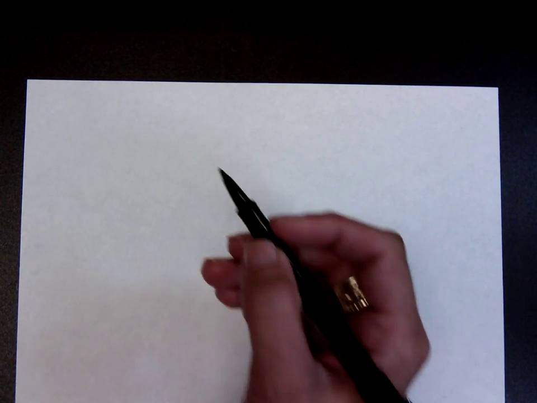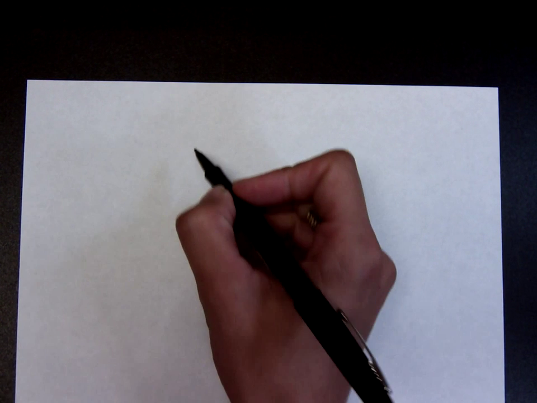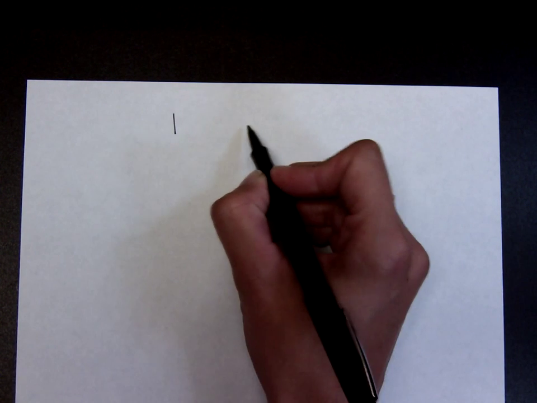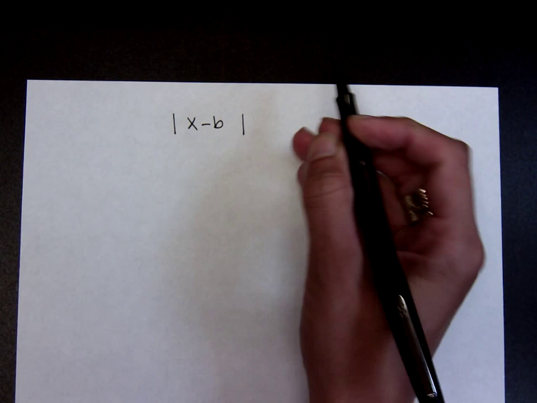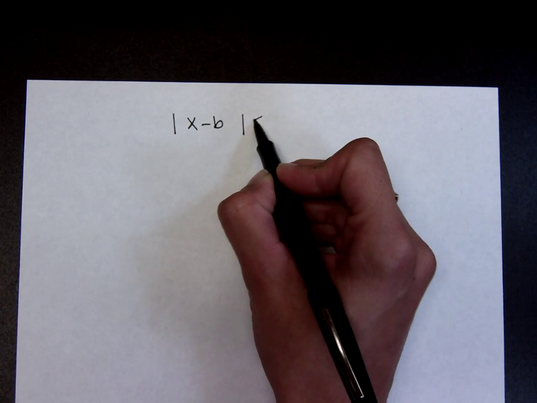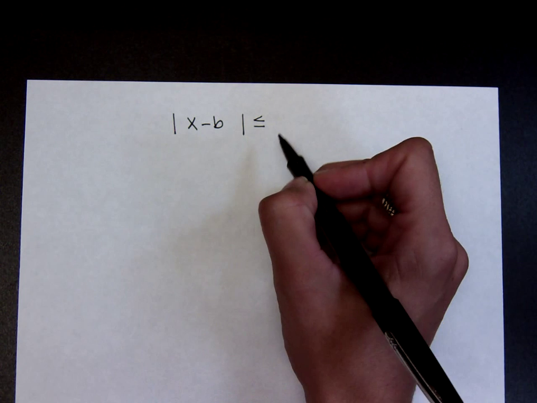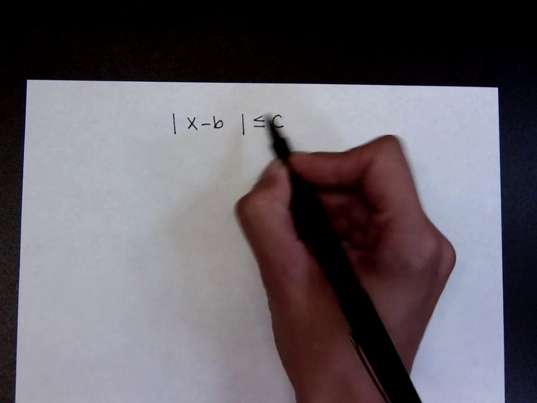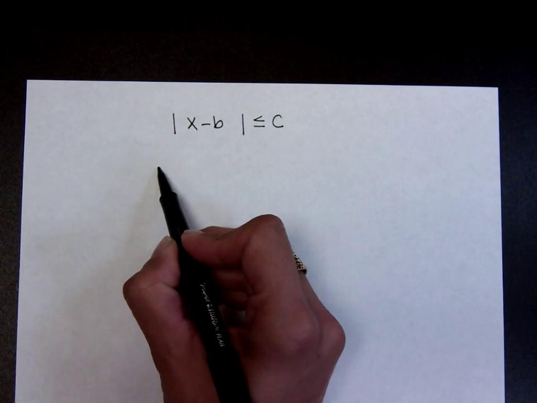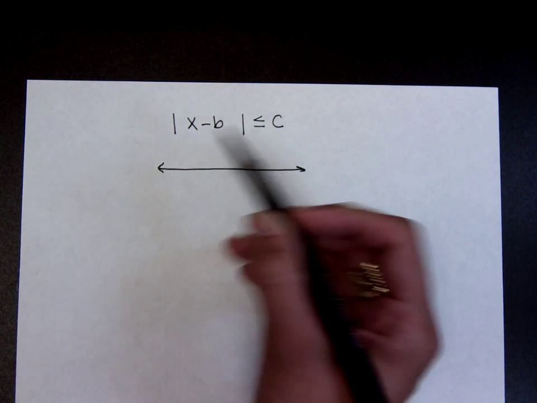So problem number 1 talks about hypo and hyperthermia. And they say that both conditions are potentially dangerous and occur when a person's body temperature fluctuates by more than 8 degrees. So remember when we talked about distances in class, and we said that the absolute value was a great way to demonstrate the distance between 2 points on a number line, and when we use it with an inequality, we're really talking about a range.